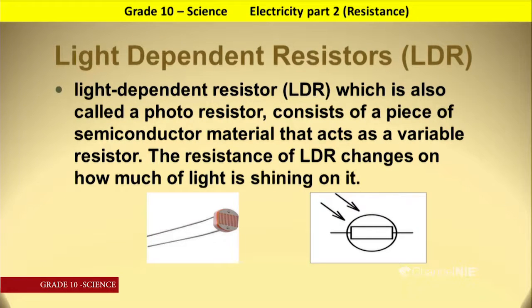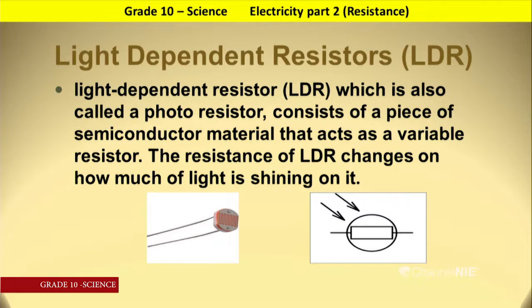A light dependent resistor or LDR is also called a photoresistor because it changes its resistance depending on the amount of light that falls on it. It consists of a piece of semiconductor material that acts as a variable resistor. The resistance of an LDR changes depending on how much light is shining on it.